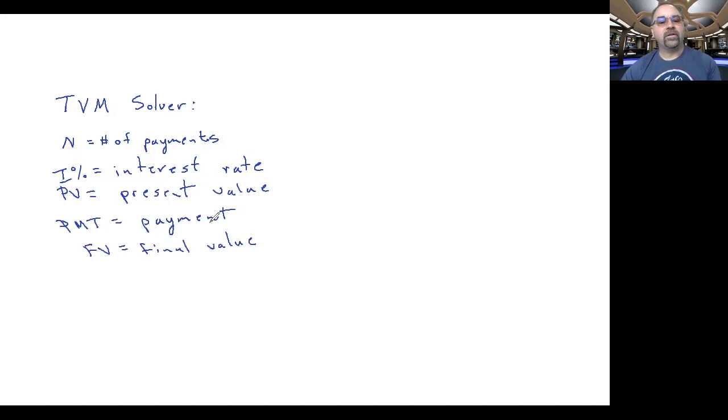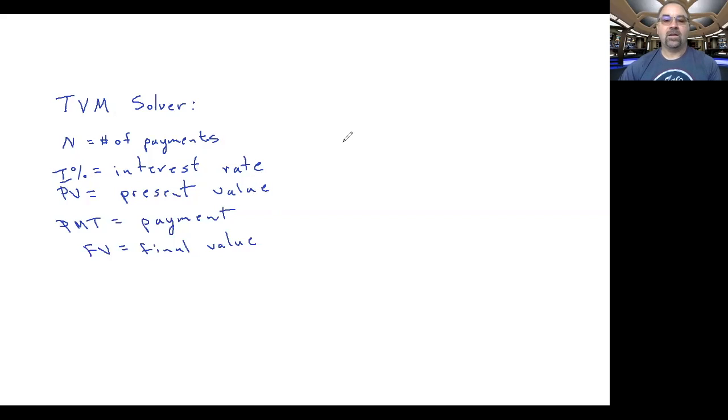And these are important. The present value is what it's worth right now today. This gets a little tricky because it depends on what you're doing. If you're investing and just starting out, present value is probably 0. If you're borrowing money, then the present value is the amount of the loan that you get.